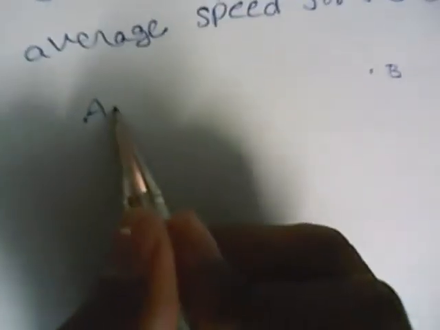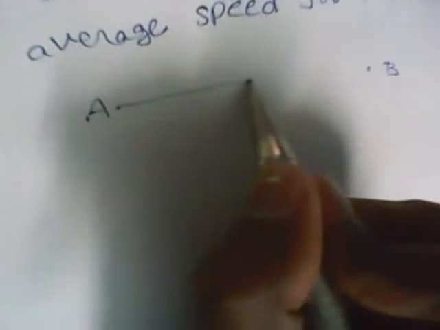Observe this question. A motorist made a 60-mile trip, averaging 20 miles per hour. On the return trip, he averaged 30 miles per hour. What was the motorist's average speed for the entire trip? Let us say here A is one point, B is another point. The motorist started from A and reached B. This is the first trip.